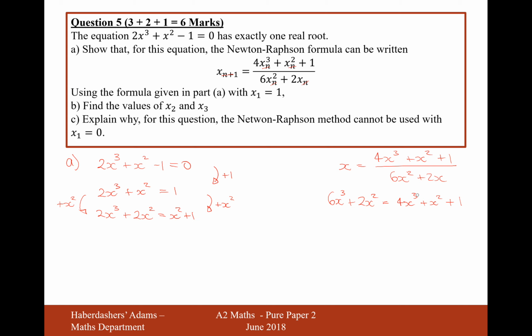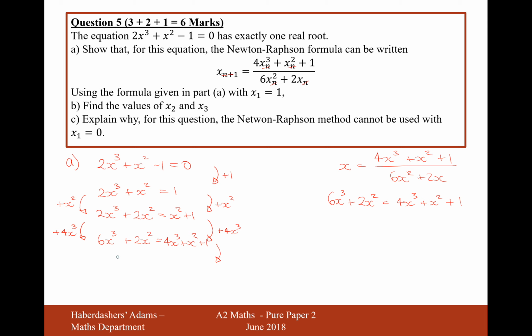I also need, as the final step, to add 4x cubed onto the right-hand side. And if I'm to make the lines equivalent, I need to do the same thing to the left-hand side. So I now have 6x cubed plus 2x squared equals 4x cubed plus x squared plus 1. Okay, so now how do I get it into this form here?